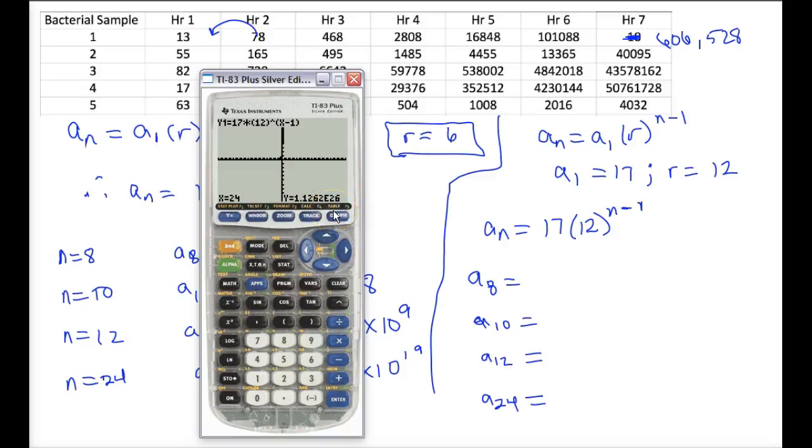And so for the first part of this project, that is pretty much what you're doing for all 5 bacterial samples. You're just going to go in and find the formula, depending upon what the first number in the sequence is and the common ratio, and then you just find out at year 8, year 10, year 12, year 24, what those new bacterial amounts would be.